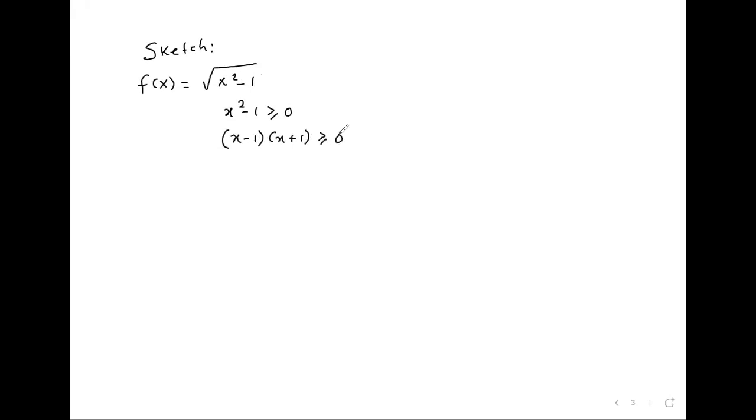So get the critical values. x is equal to 1, x is equal to negative 1. So we have negative 1, we have 1. So we have 0, the middle number, 2, and negative 2. Then get x minus 1, get x plus 1, get x minus 1 multiplied by x plus 1. Then test.